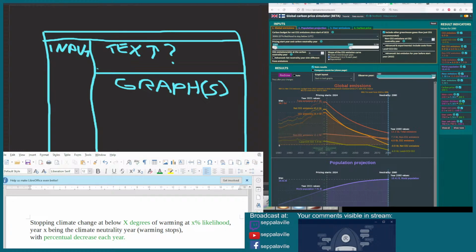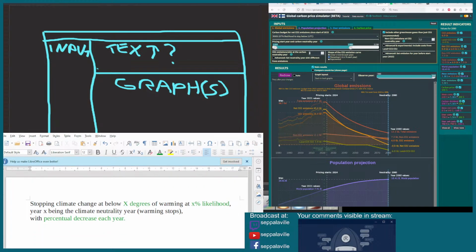And then there's the selection of what the emissions are.